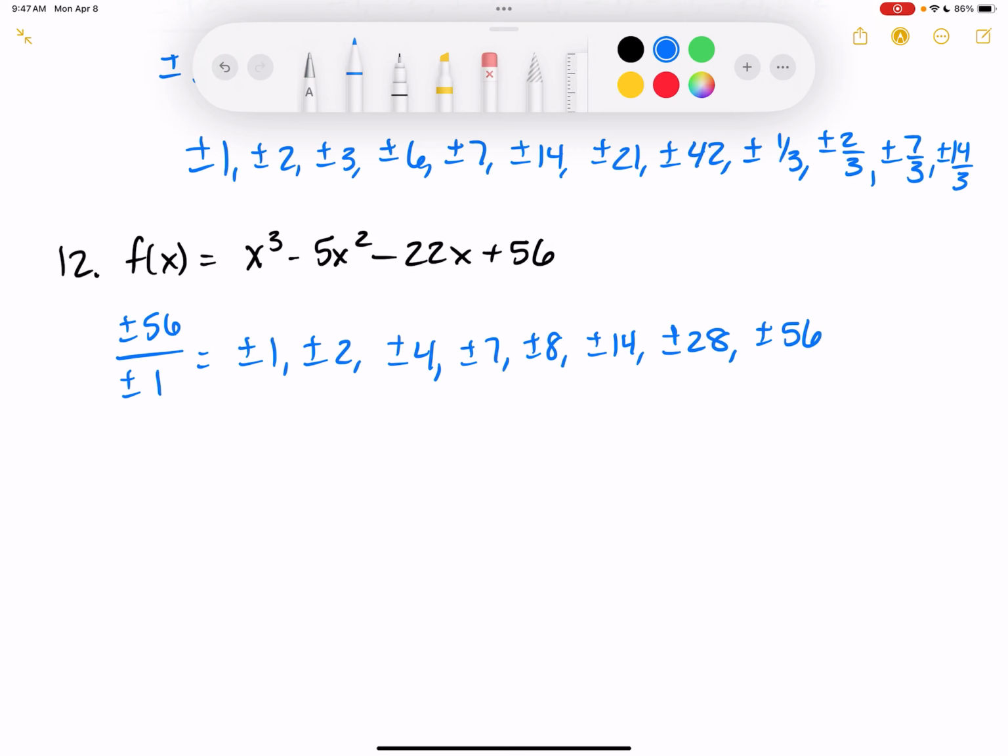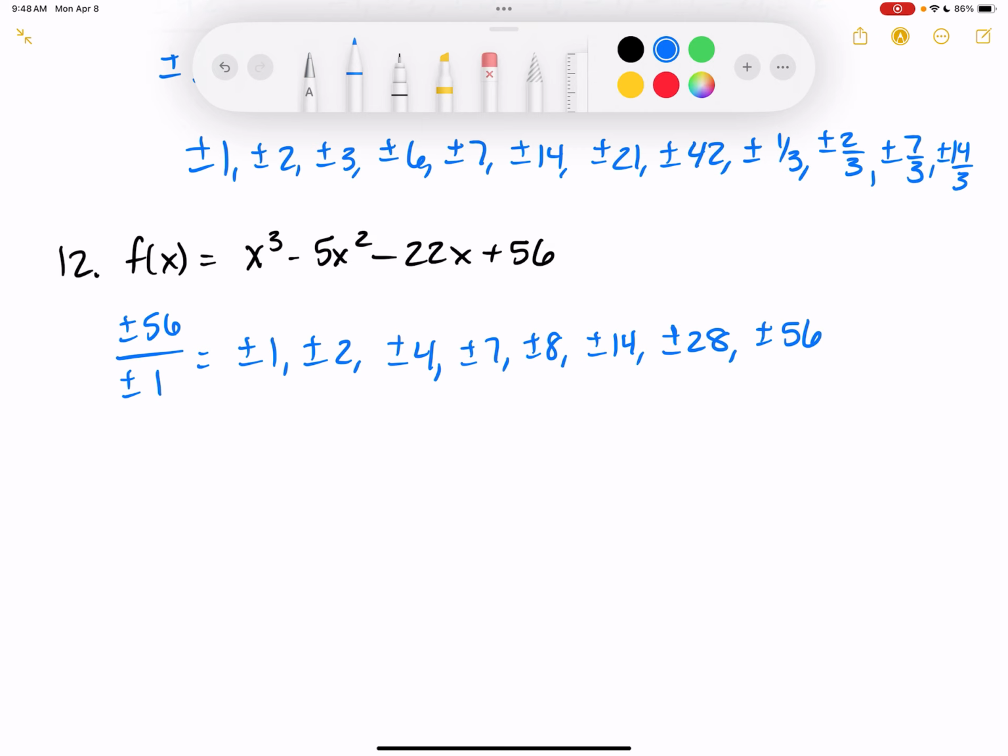All right, what numbers did we get when we wrote them out? Well, plus or minus 1, 2, 4, 7, 8. There's 2 in the middle you're missing there.